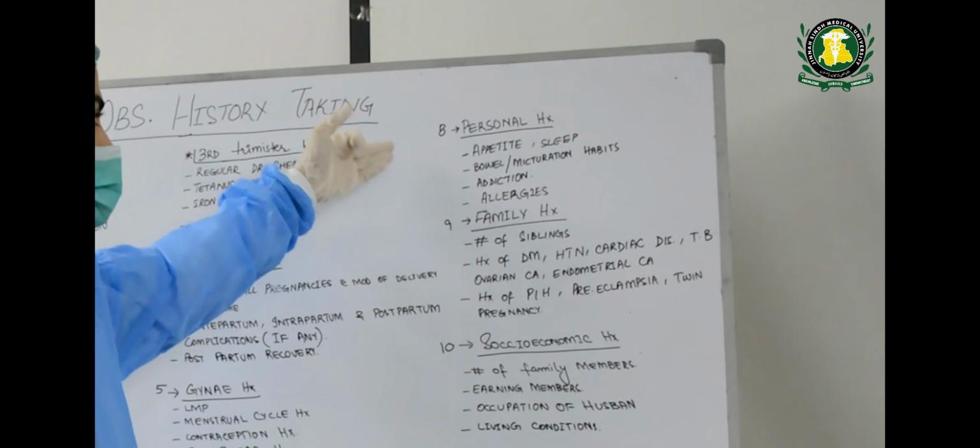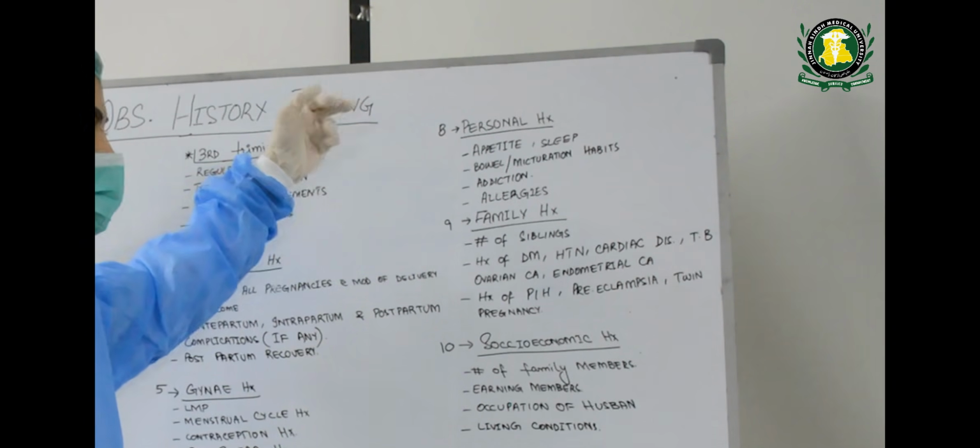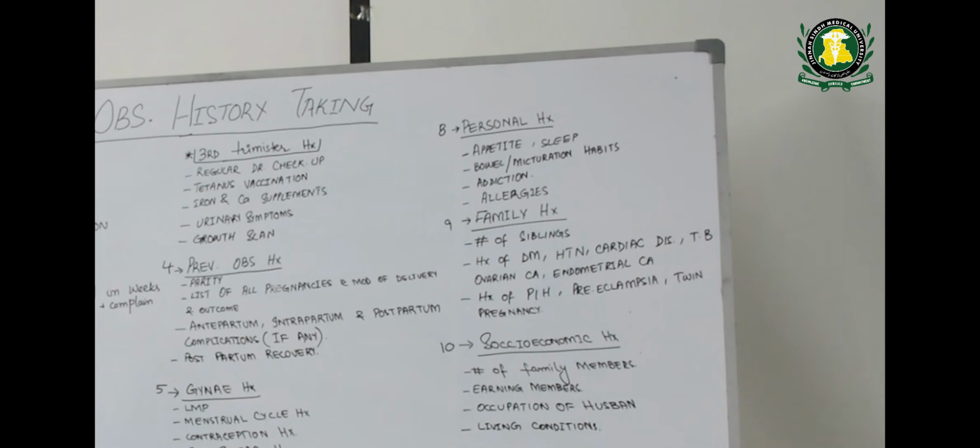The eighth component of the history is personal history. In personal history, we ask the patient about her appetite, sleep, bowel and micturition habits, addiction and her allergies.